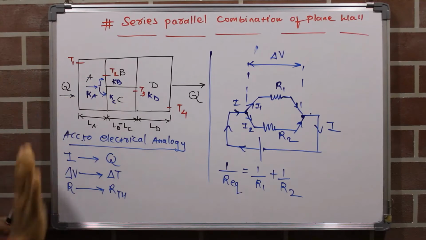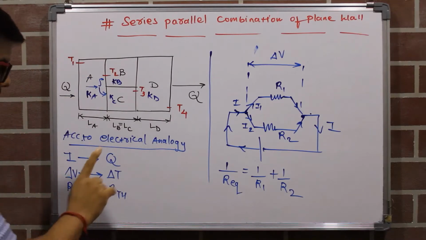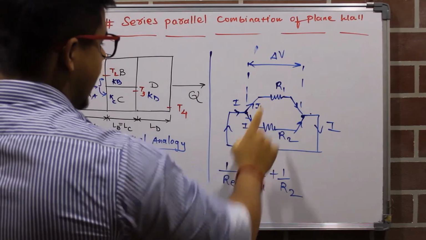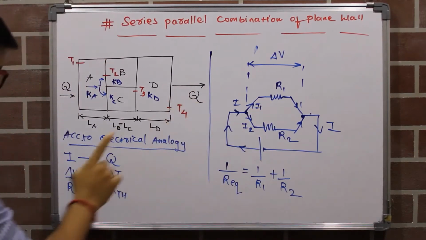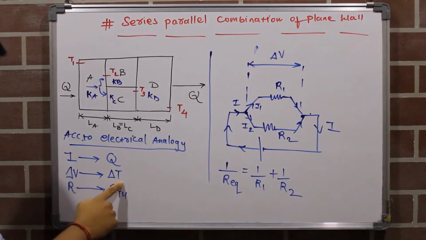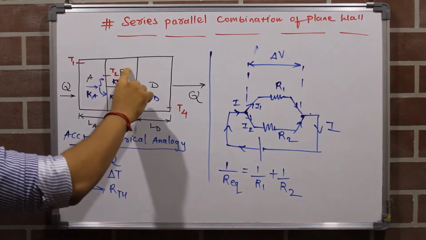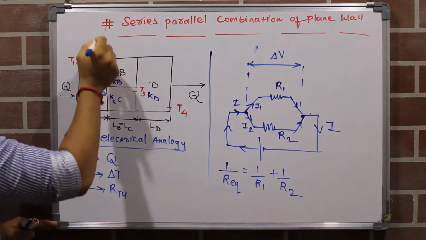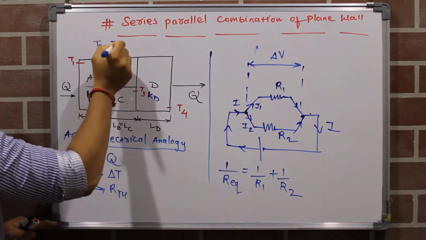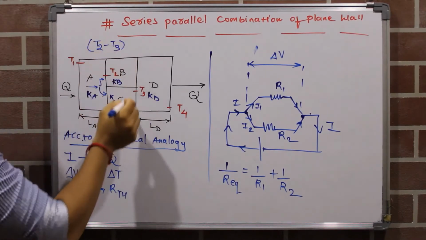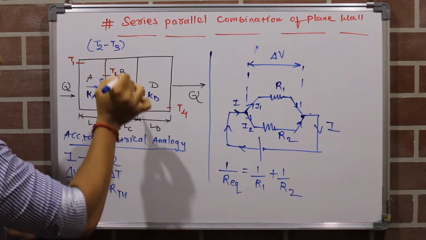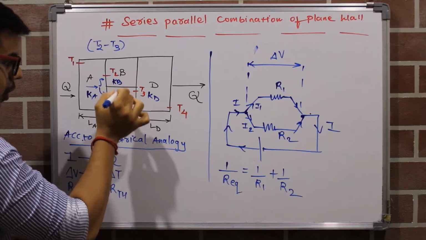Now the second point: delta V for both the resistors is the same. Similarly, our temperature difference for both the walls which are connected in parallel will be the same. That is, T2 minus T3 is the temperature difference for wall B, and T2 minus T3 is the temperature difference for wall C also.